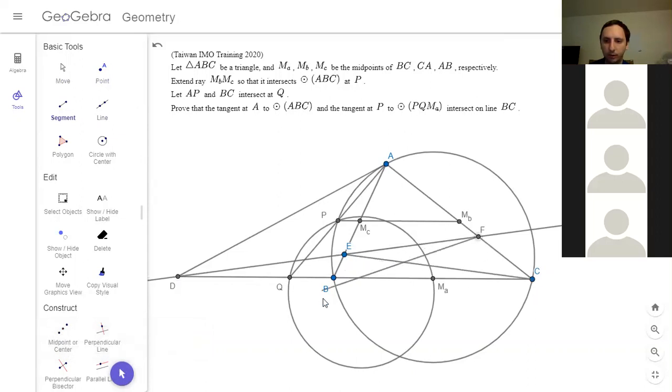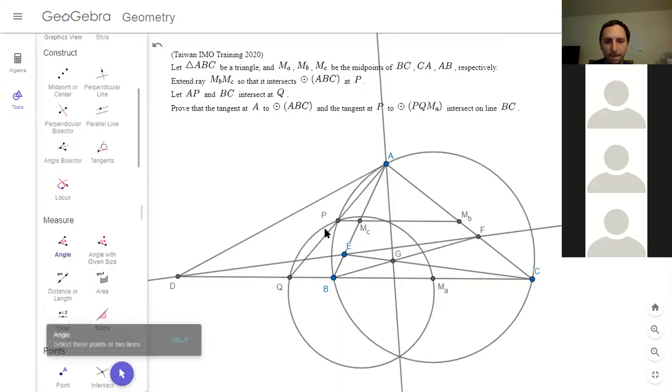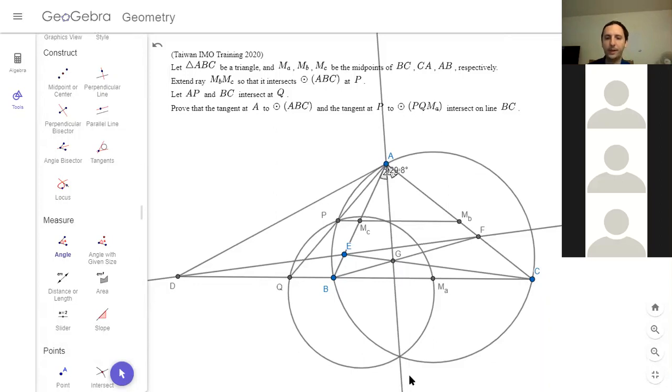Just trying to figure out what point that is. Is it the median? Yeah, so the symmedian is basically in harmonic conjugation with D, B, and C.